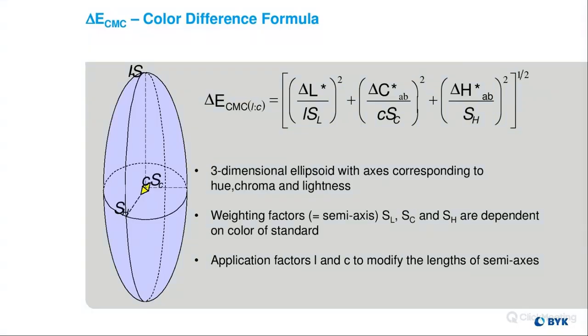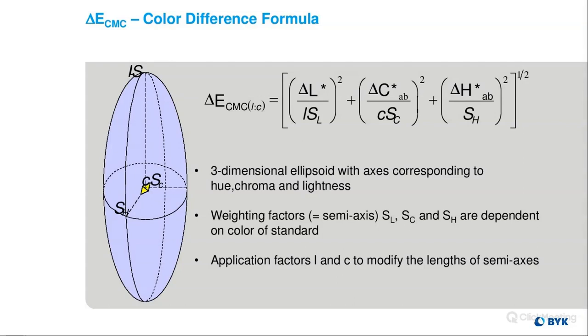And this is an example of what that looks like. So it's that elliptical shape, and we have the calculation up here. So we still have the difference in the L, the C, and the H with a couple more factors. It's a lot more complex equation than the original delta E star. So it has a three-dimensional ellipsoid with axes corresponding to hue, chroma, and lightness, and has these weighting factors.